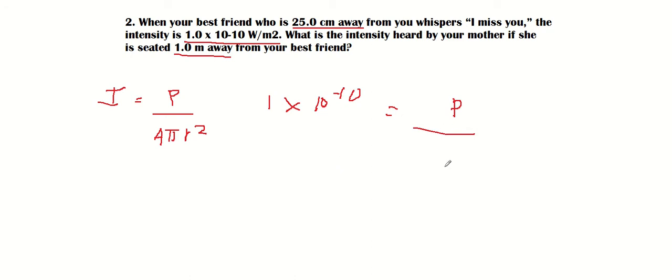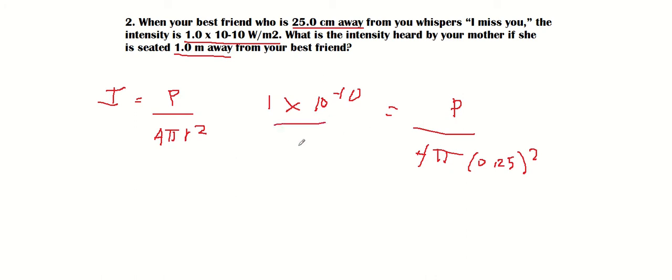And then yung distance, yung 25 cm away, kapag convert mo yan into meters, 0.25 meters. Di tayo gagamit ng centimeter, kailangan natin is meter, since meter yung SI unit. So, 4 pi times 0.25 raise mo sa 2.